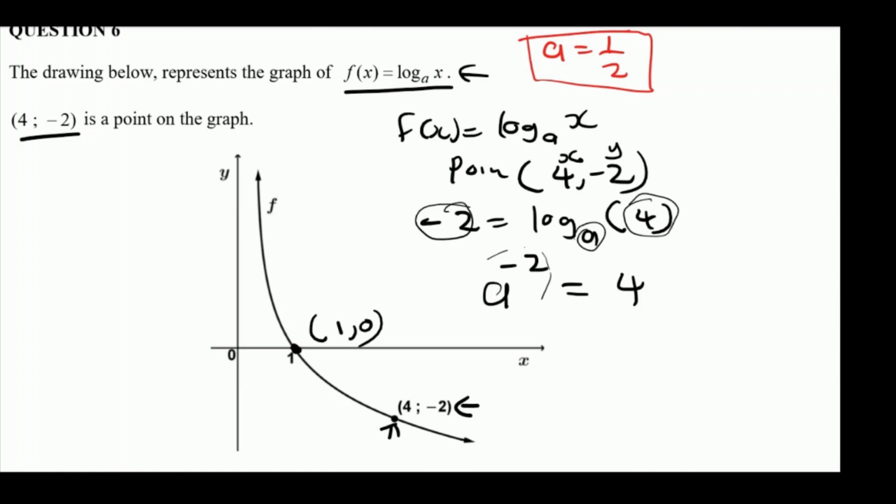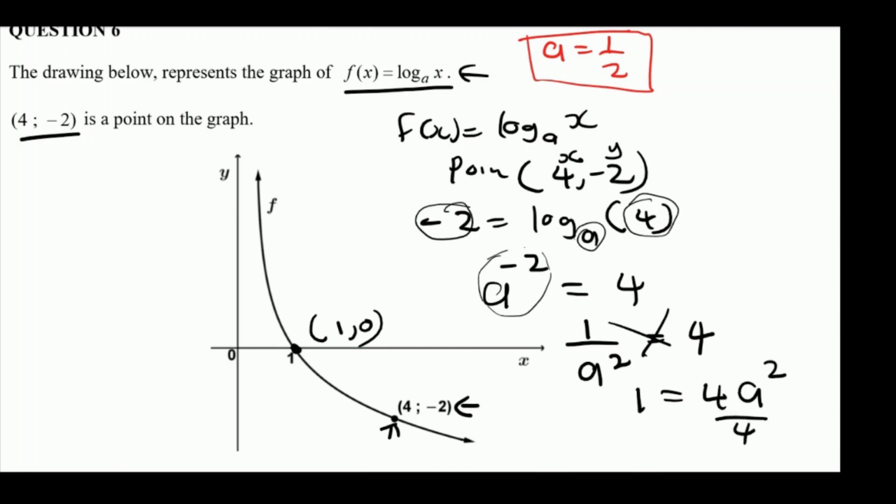And we can either multiply by 1 over -2, or we can just say 1/a^2 = 4, and then we cross multiply. We're going to have 1 = 4a^2, and then you divide by 4 both sides, and we'll have a^2 = 1/4.